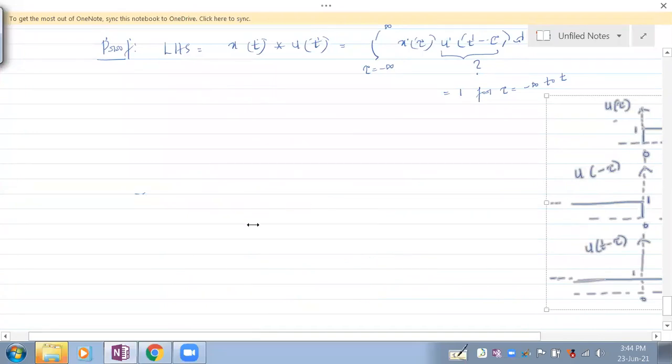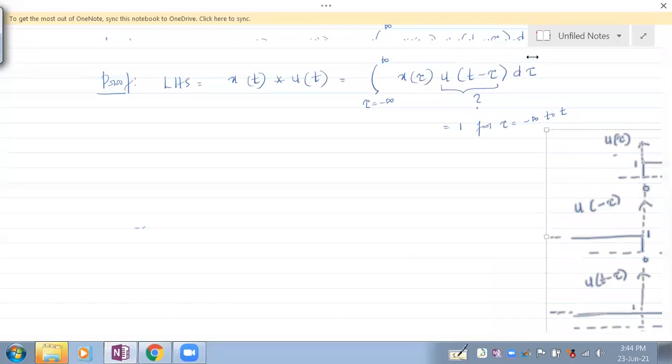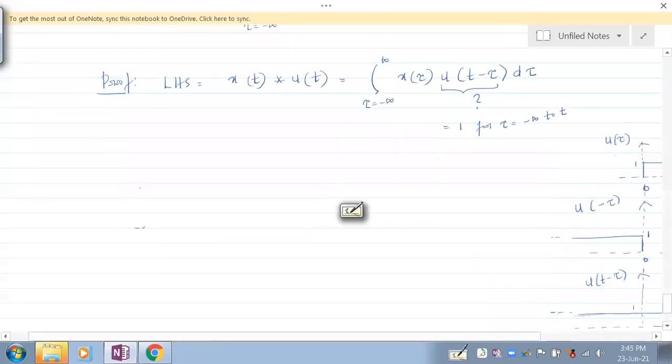Here we just say: u of t minus tau is equal to 1 for tau ranging from minus infinity to t, and it is 0 for tau greater than t. This is what one should understand.